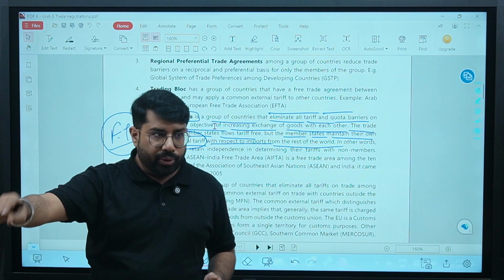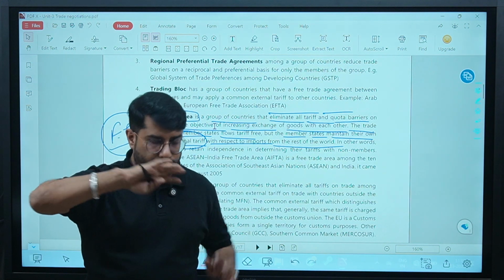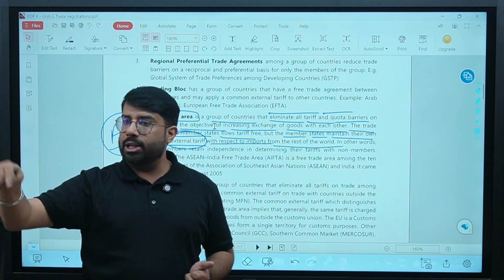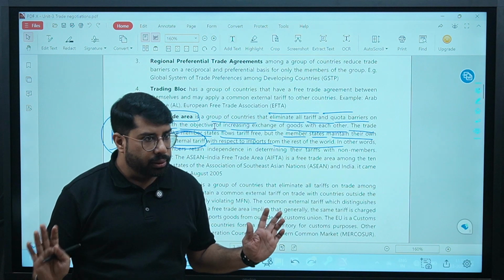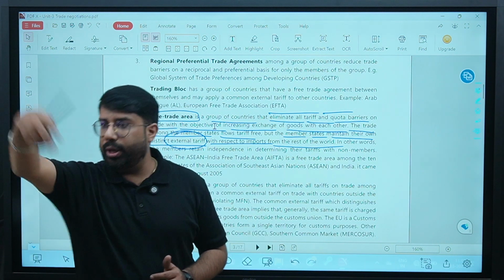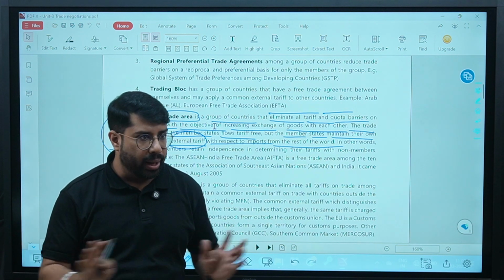But if this country is buying, I'm giving you a wholesome example. If this country buys commodity X from any of the member countries, tariff will be 0. If this country is selling the commodity X to any of the member countries, tariff will be 0. No tariff, no barrier.